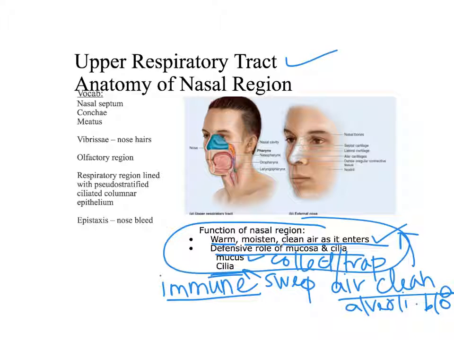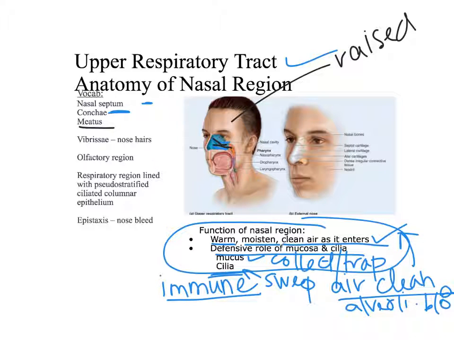Now the nasal septum is the tissue in between the two nostrils. The concha are these raised parts, and I probably said it wrong, the conchi. These are the raised parts in the nasal cavity, and I have a better picture in a minute.